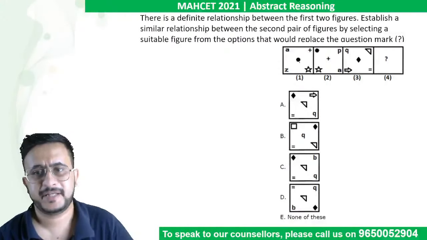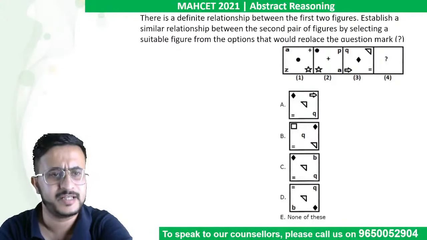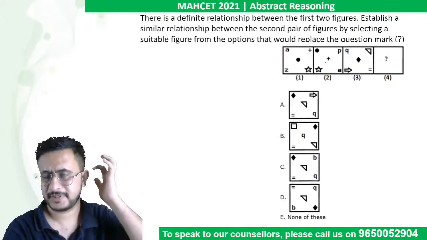So see what is happening in this. Like there are multiple elements, so we will see the position of these elements, what is happening in these elements. Okay, इसमें क्या क्या हो रहा है.